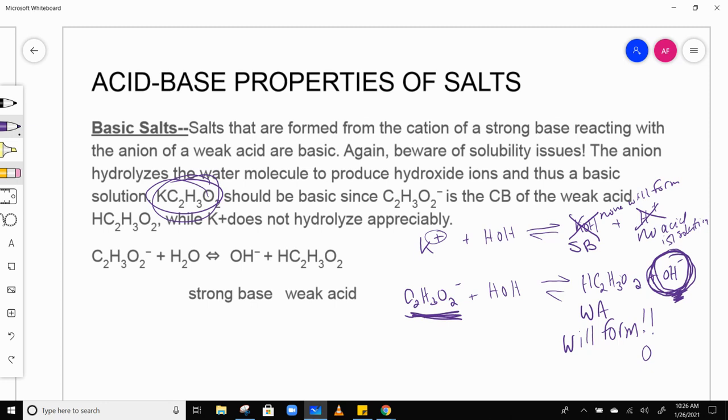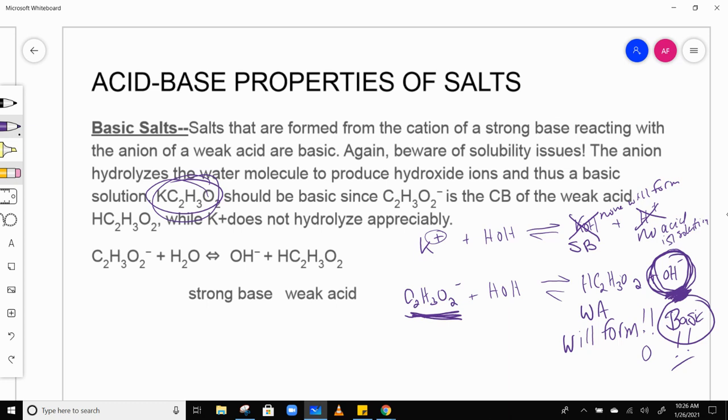If we form OH minus ions in water now, does that make the solution basic or acidic? Well, it makes it basic. So if a weak acid forms, we get a basic solution.